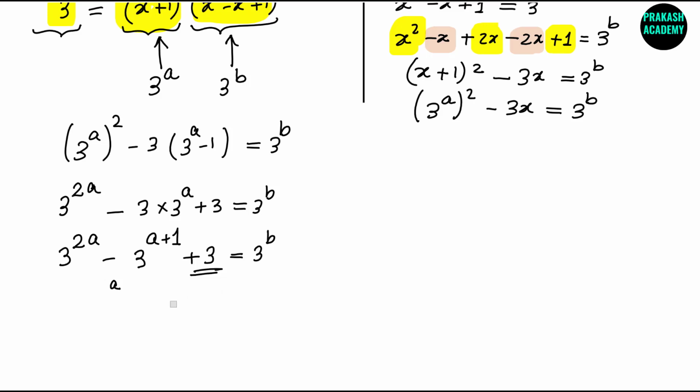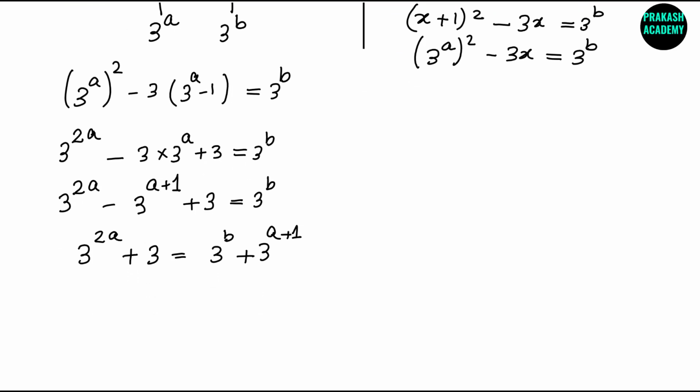Let me take this term this side. So I will have 3 raised to the power 2a plus 3 is equal to 3 raised to the power b plus 3 raised to the power a plus 1.